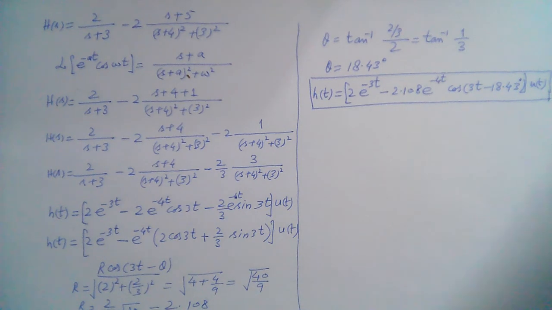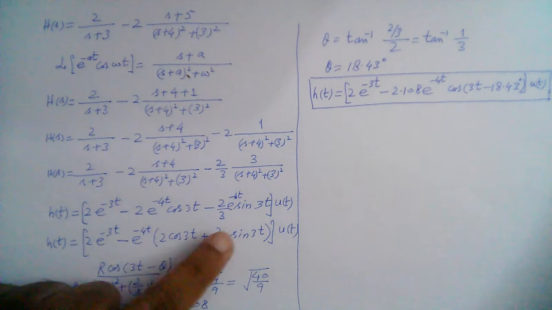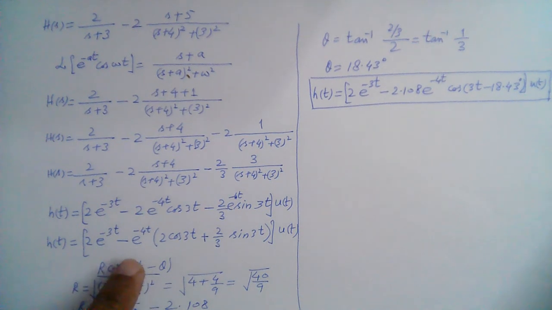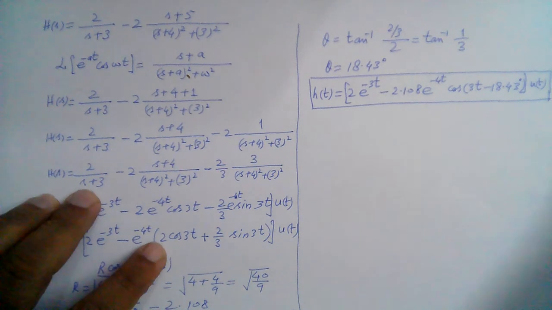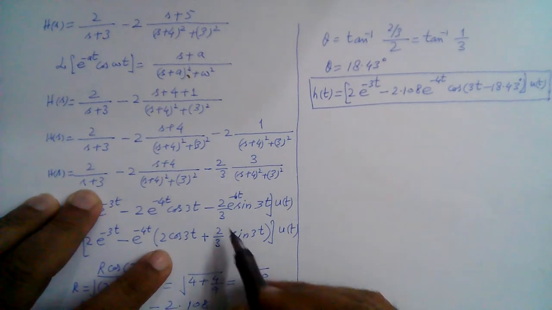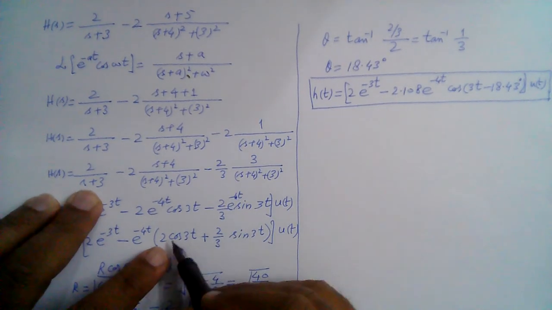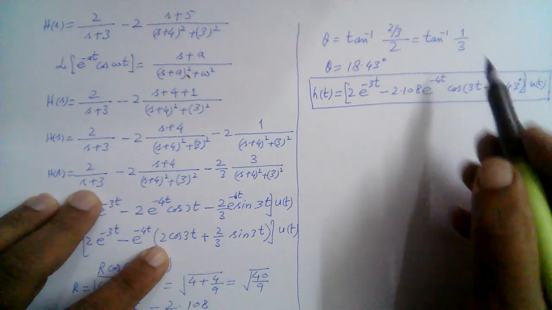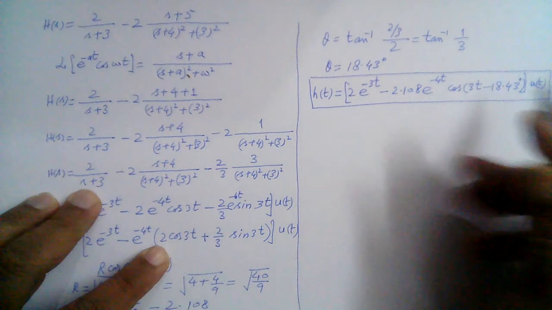And we could have taken 2 common here and then found out the coefficient and the theta, and we could have arrived at the same result, because coefficient 2 when multiplied with the resultant coefficient will result, and this 1 over 3 here with 1 here will result in the same value here, right? So this gives us the inverse Laplace transform of the given function.